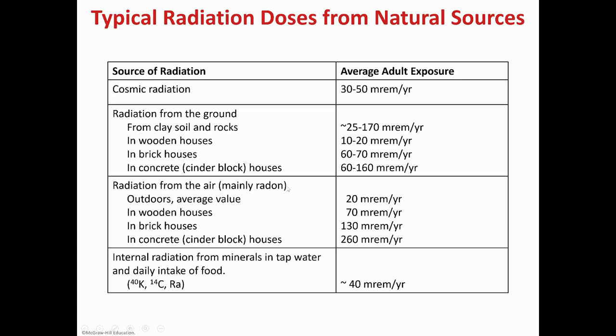So these are just some other ones. You can read this. I won't specifically ask questions on this, but just so you know, most of the radiation that we're exposed to is natural. Cosmic radiation from the ground, radiation from the air, which is mainly radon, radiation from daily intake of food with carbon and potassium.